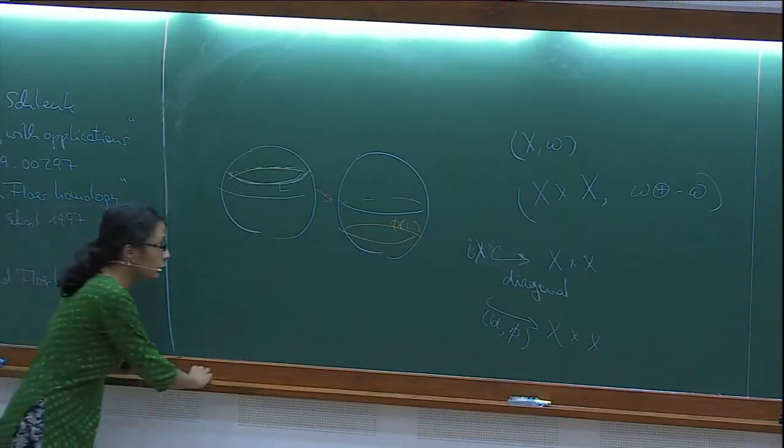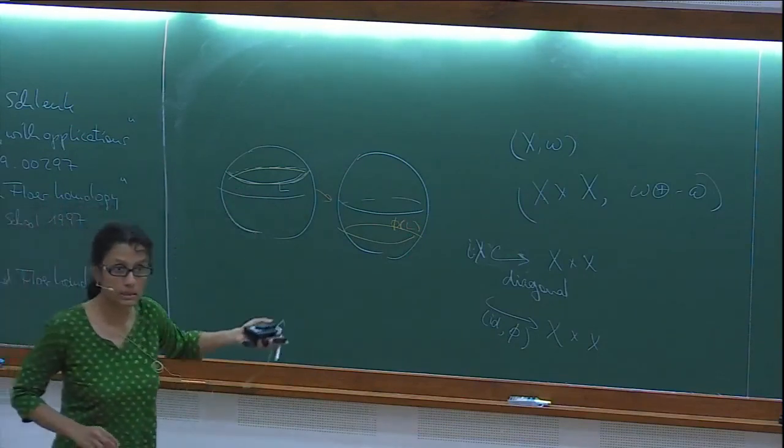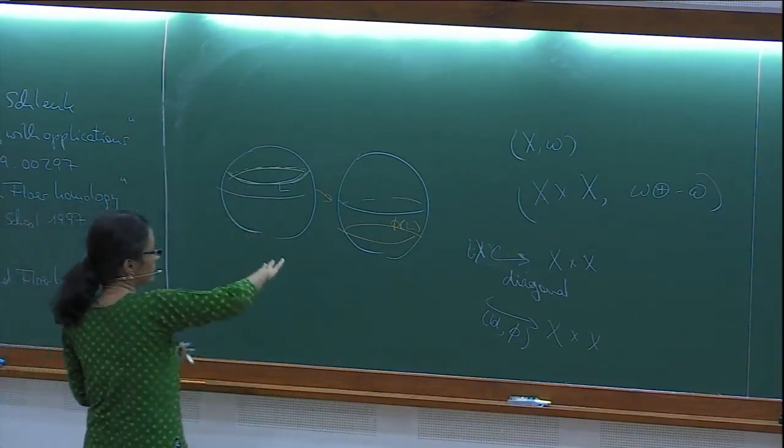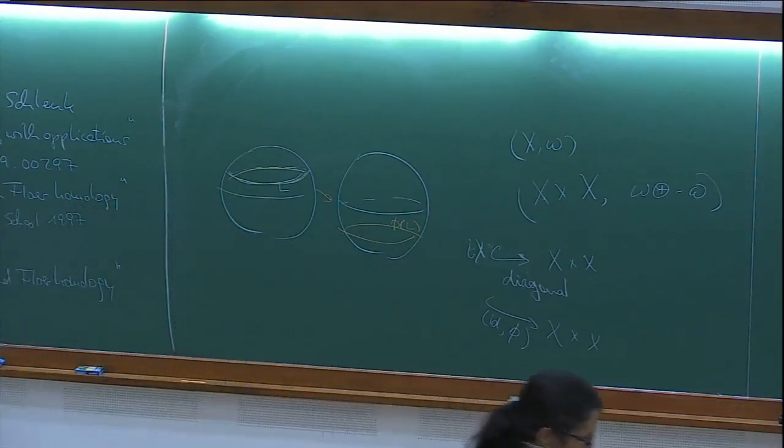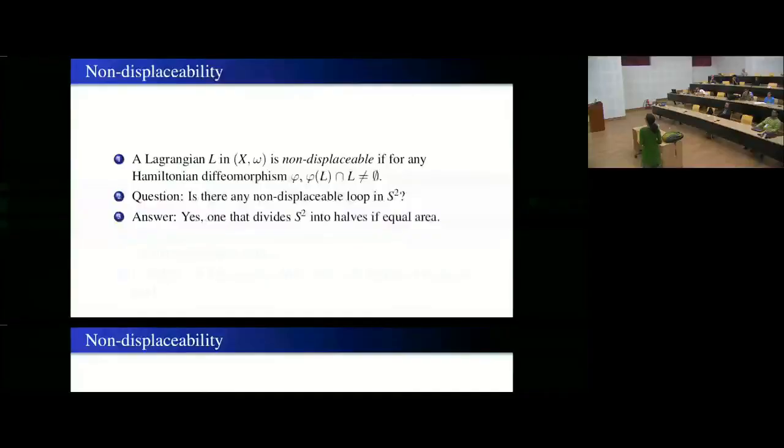Because I just need to preserve area, so I completely displace this Lagrangian. But if it were a great circle, then I cannot displace it while avoiding intersections. So those are the only kinds of Lagrangians which are non-displaceable in S2.